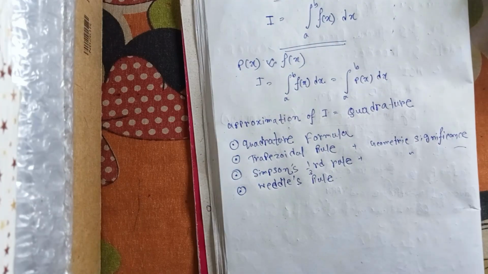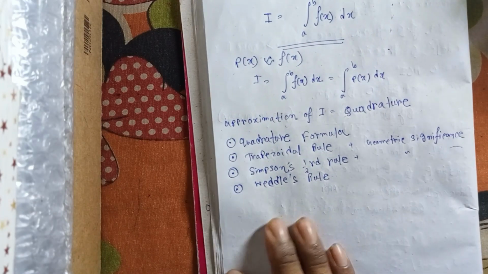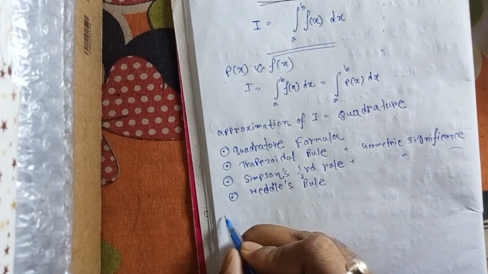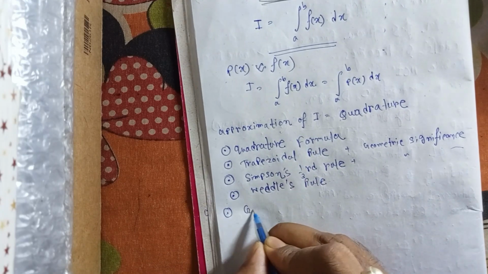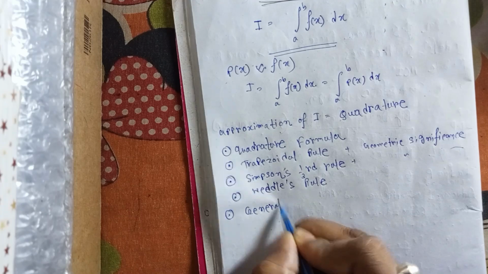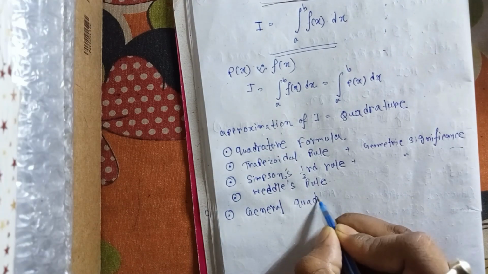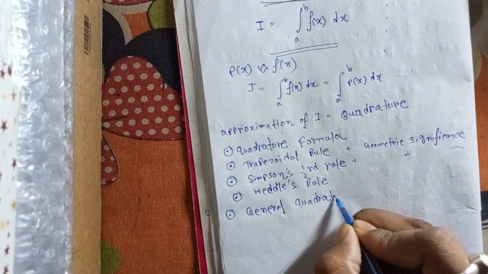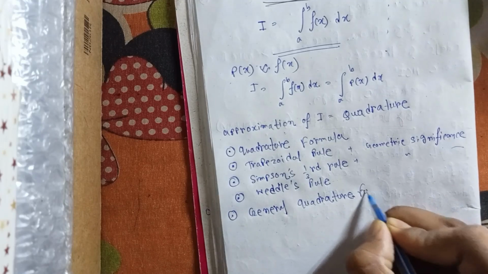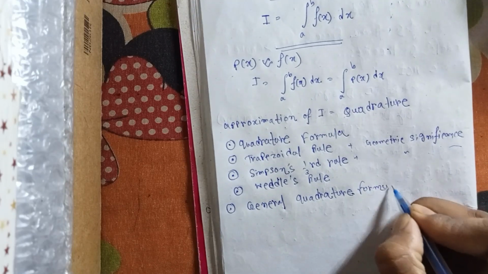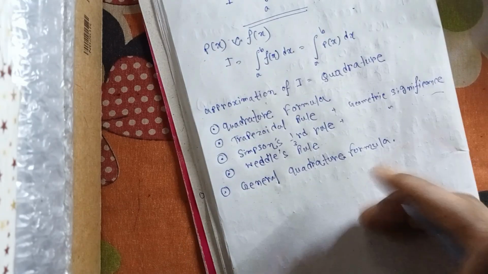At first we learn the general quadrature formula. How can we derive this?